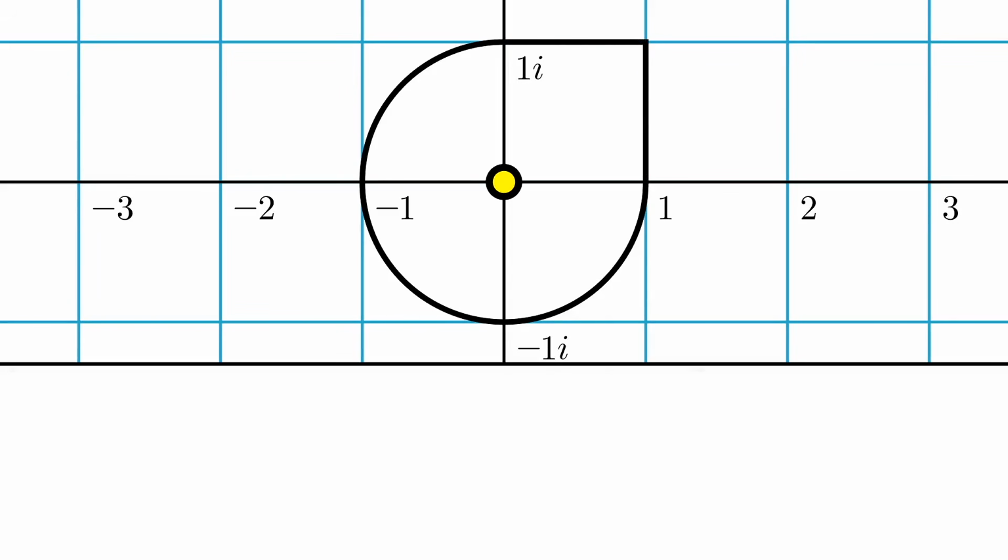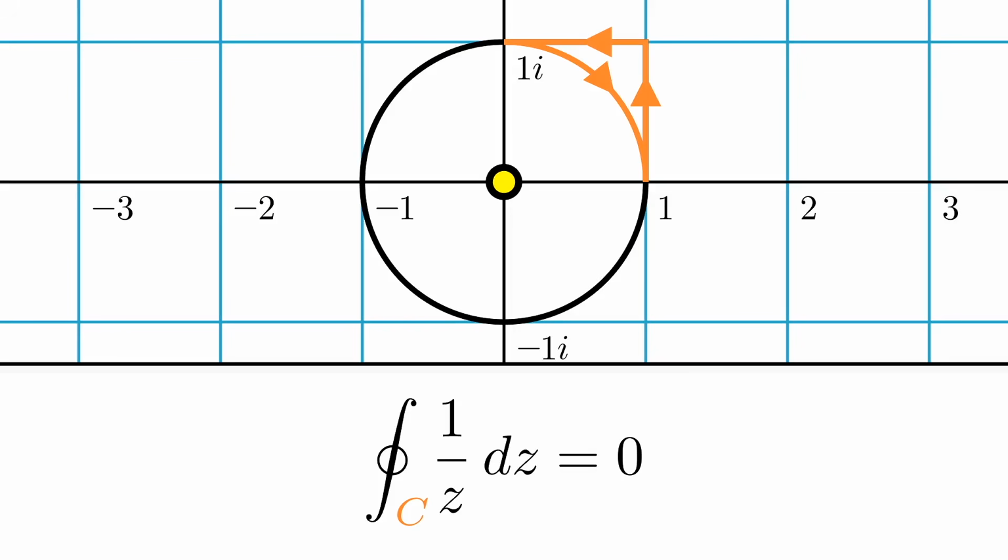How much has this changed the answer to our integral? Well, we've subtracted the integral along this quarter circle and added the integral along this line and the integral along this line. But these three together are exactly the integral along this closed loop. But that closed curve doesn't contain the point 0, and so this integral will be 0.